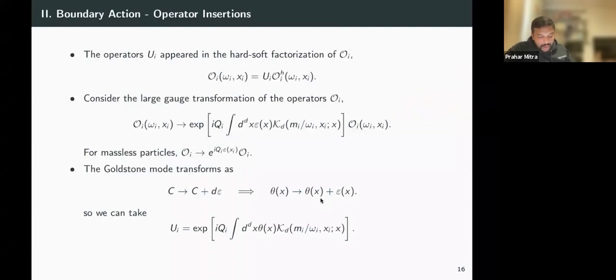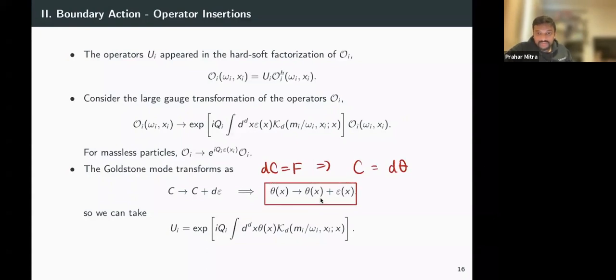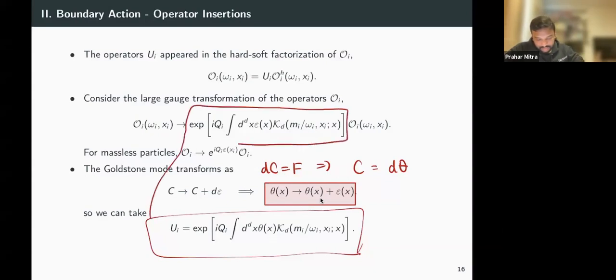So it's really trivial to work out the operator U_I. Because remember, C transforms like C plus d epsilon. Remember, C was flat, which means that I can write C is equal to d theta, which tells us that under large gauge transformations, theta goes to theta plus epsilon. And it's almost trivial to write out the operator U_I, because all I need is that when I shift theta to theta plus epsilon, I should reproduce exactly this factor, which I do.